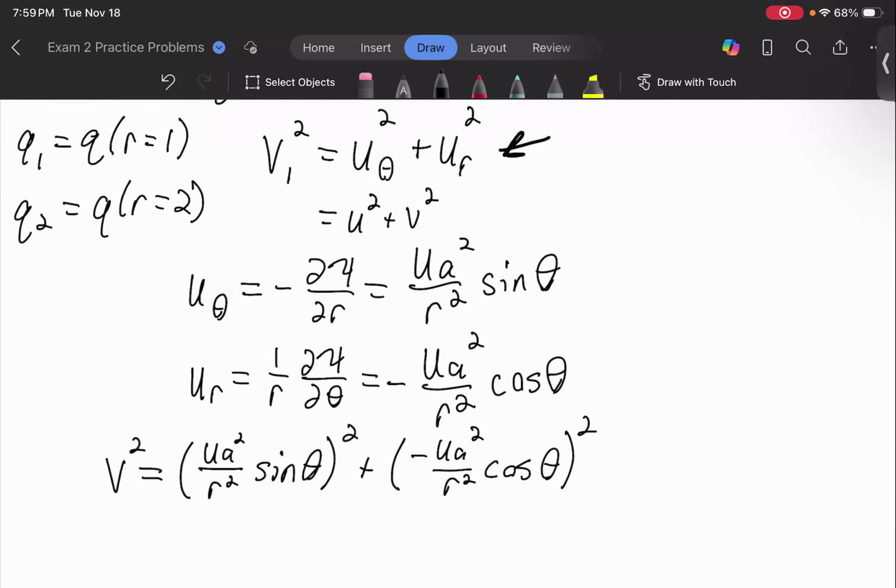And so if you're looking at this, you're seeing the writing on the wall, right? Sine squared plus cosine squared equals 1, so that aspect of it's going to go away. We can combine the terms, factoring out the rest of it. And so what we end up getting is u squared a to the 4th over r to the 4th.